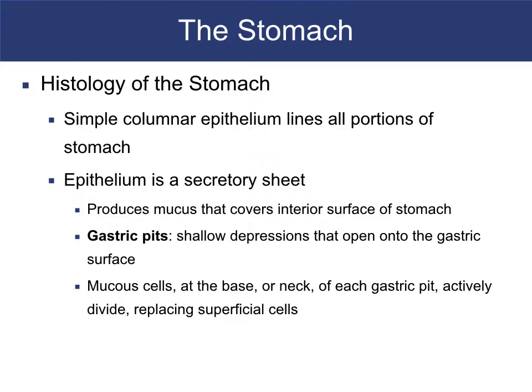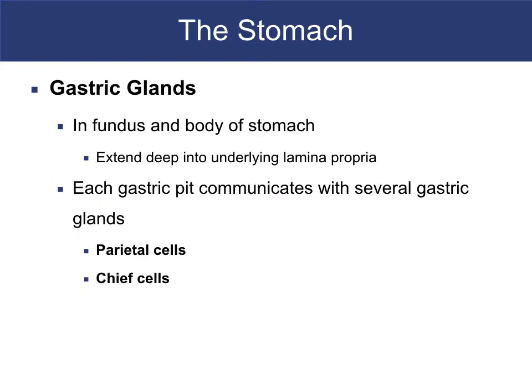There are lots of mucus cells down in those pits that are actively making new cells and replacing the stomach wall. Because the stomach is kind of a hostile place with all of its acid, the lining of the stomach is continually being replaced, as it says there, actively dividing and replacing superficial cells.